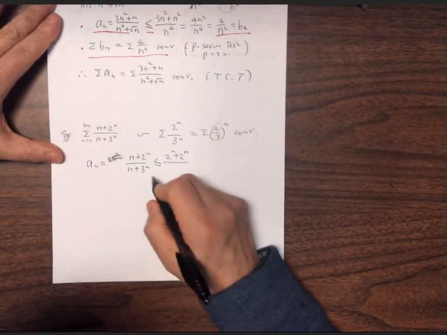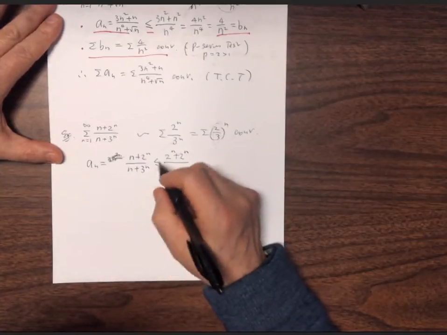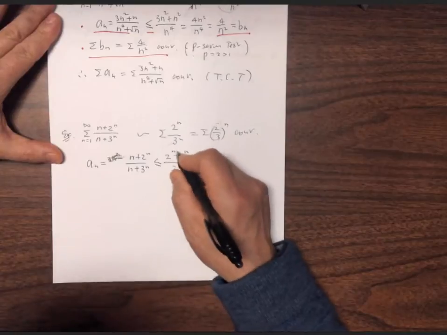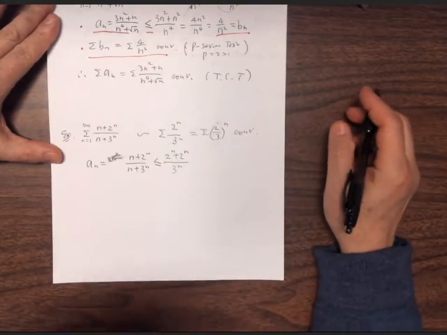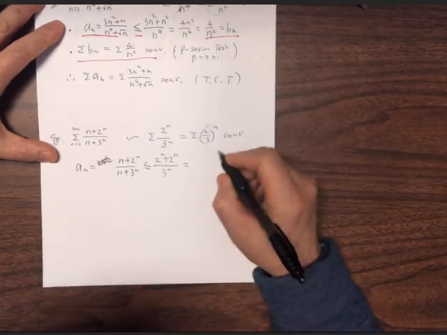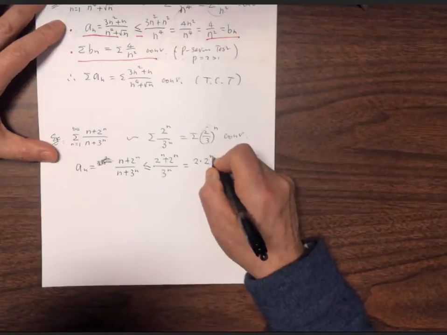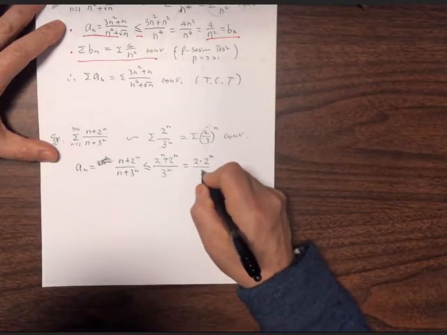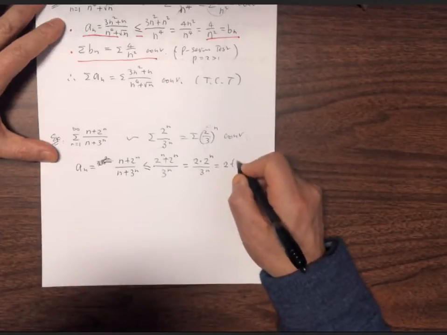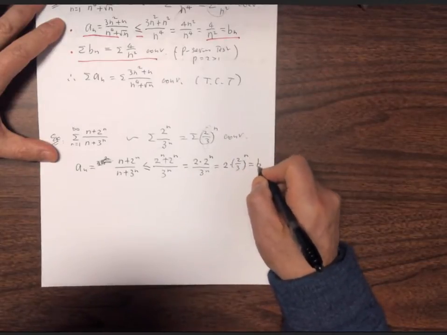The bottom, well, we want to make the fraction bigger, so you can just make the denominator smaller. That will ensure the new fraction will be bigger. And this, now you see the top is a 2 times 2 to the n, just combine those two over 3 to the n, or like 2 times (2 over 3) to the nth power.